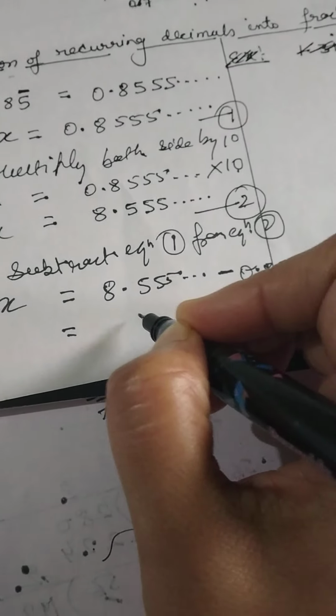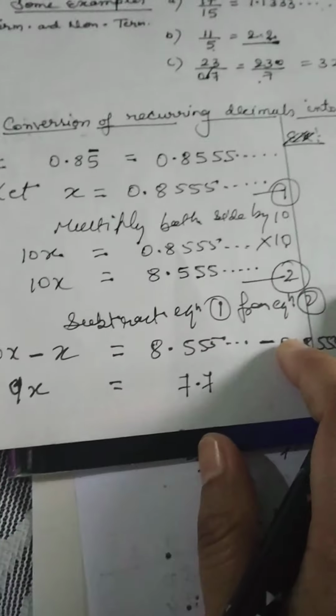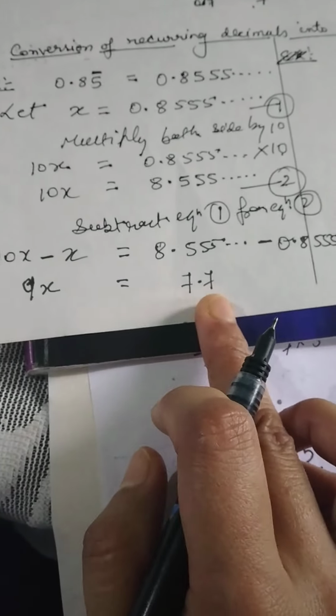Now it will take the borrow, 15 minus 8 is 7, and it will be 7.7. So after subtraction we will get 7.7. 9x is equal to 7.7.